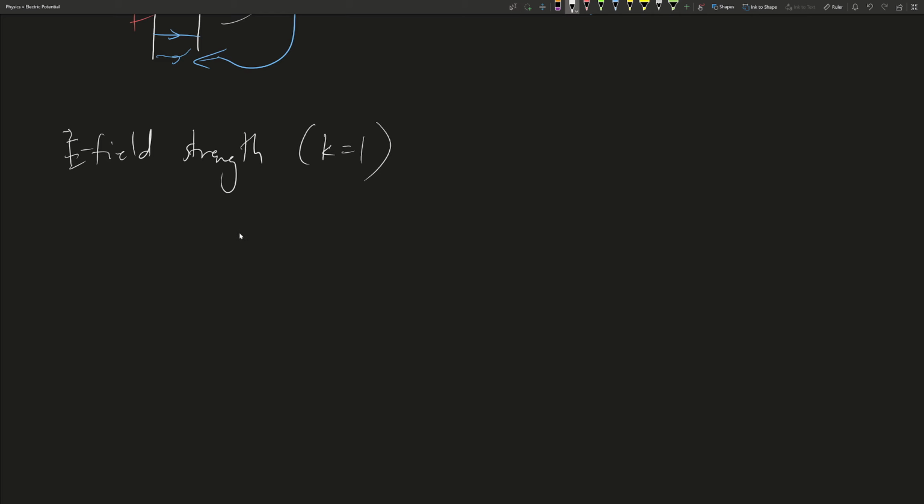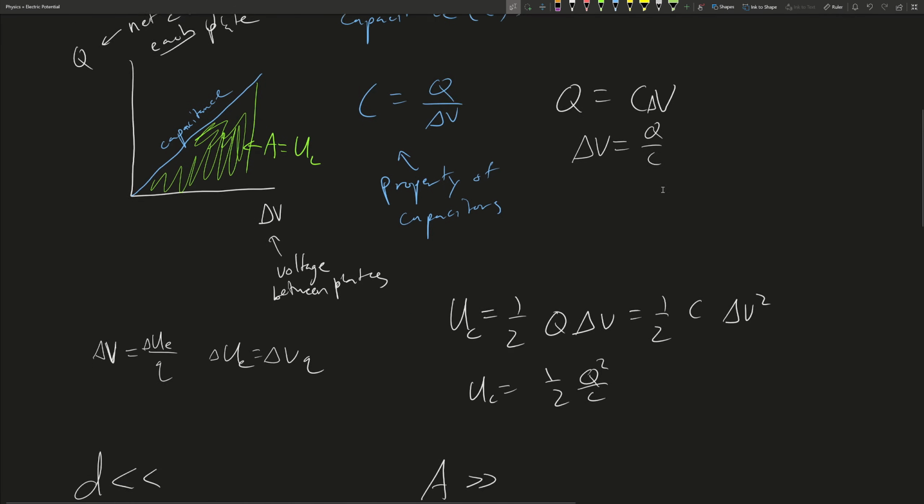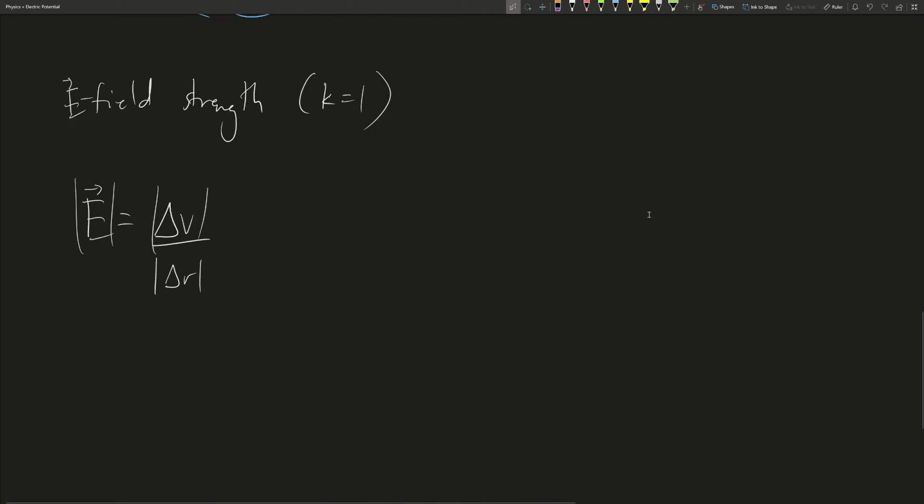But so when K is equal to 1, we know that electric field strength is equal to, these are magnitudes, change in voltage divided by change in position. Now we have that the voltage here is going to be equal to charge over capacitance.